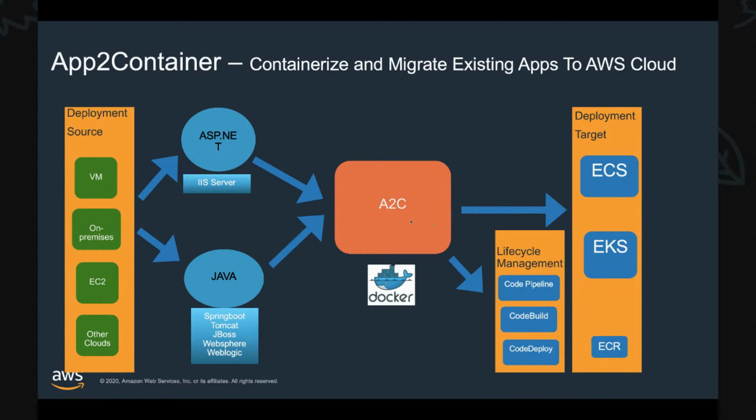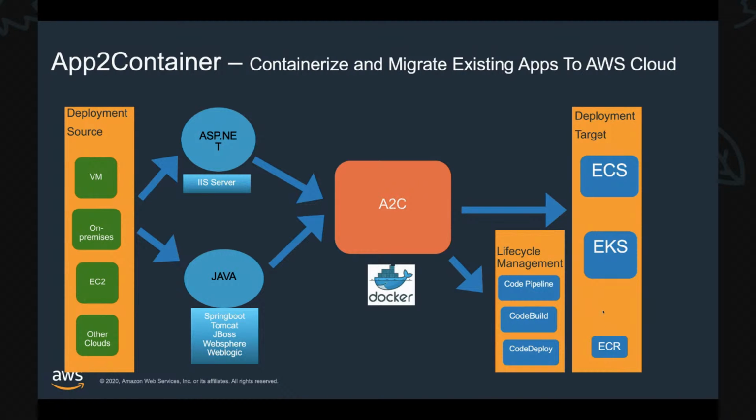So when you run App to Container, it generates some artifacts for applications, such as the necessary DLLs for the application, the source code, the Dockerfile. It creates the container image in ECR. ECR, as you may know, is the Elastic Container Registry, which is a private container registry.